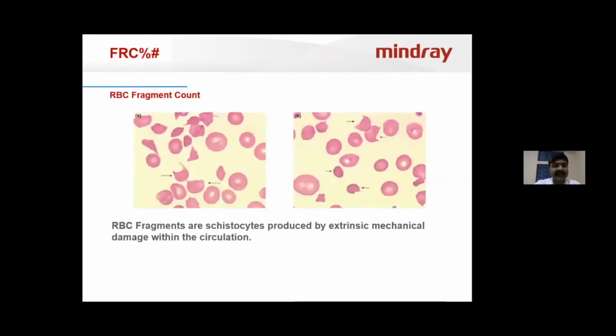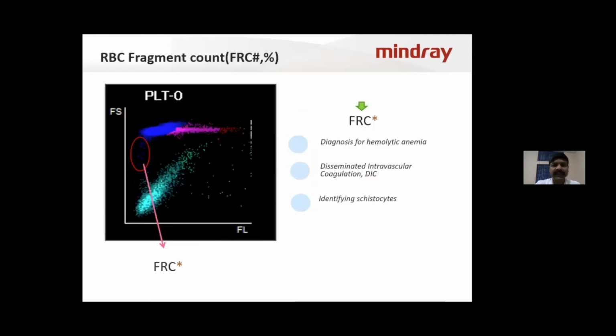So what is FRC? FRC is the RBC fragment count, the fragmented red cell count. Fragmented red cells are schistocytes, which are produced by extrinsic mechanical damage. There was no method available for identifying fragmented red cells before advanced hematology analyzers came into the picture.